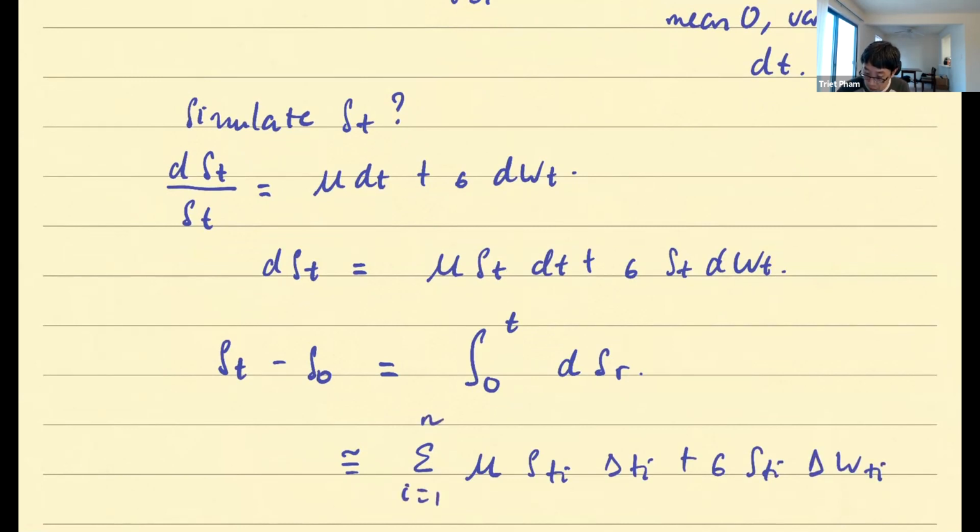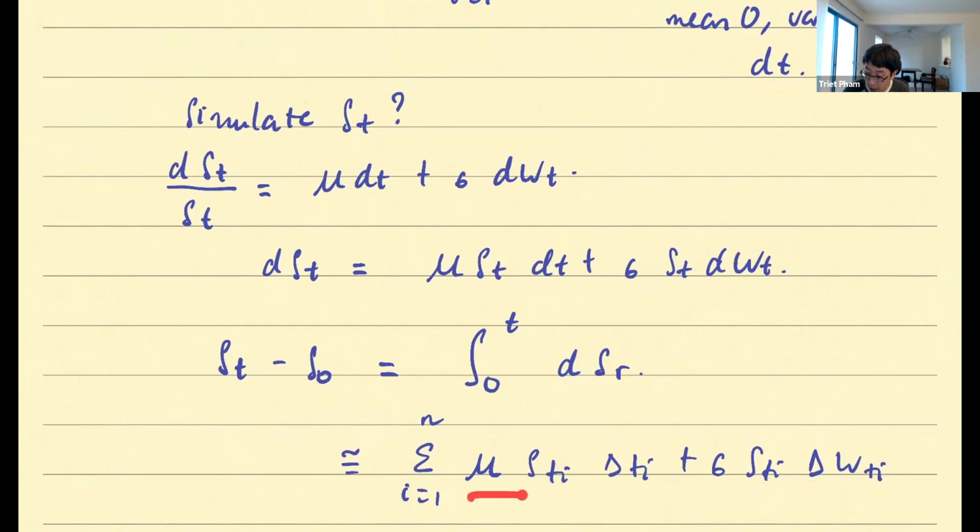So what you do is you take the previous stock point times how much time has passed, which is dt, plus the previous stock point times the change in Brownian motion. That will give you the next stock point price.